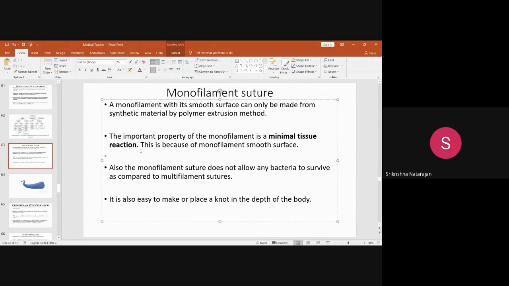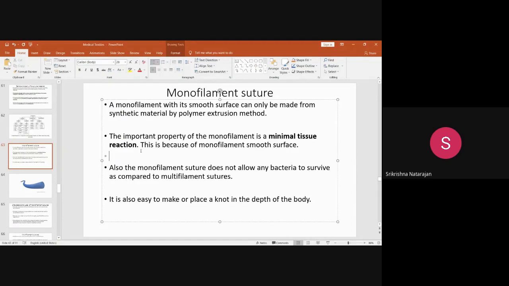And another thing is, these monofilaments do not allow bacteria to survive as compared to the multifilament suture. Because of the smooth surface, since it is a monofilament, it does not allow bacteria to survive on the sutures when compared with the multifilament sutures.